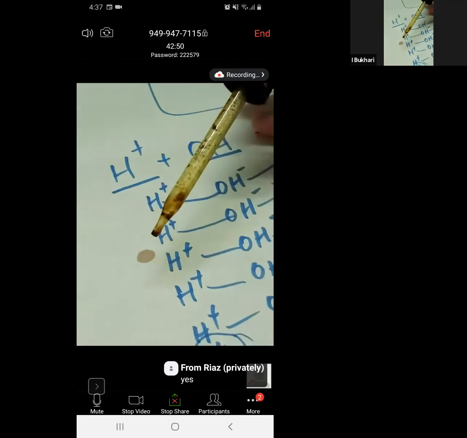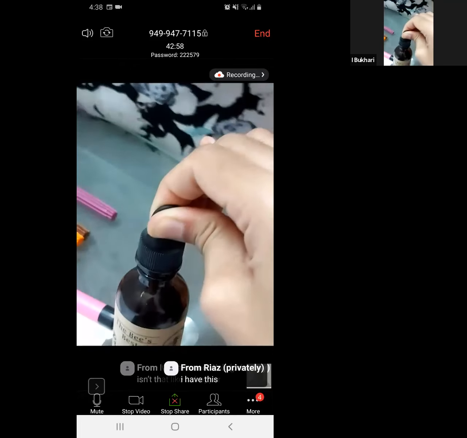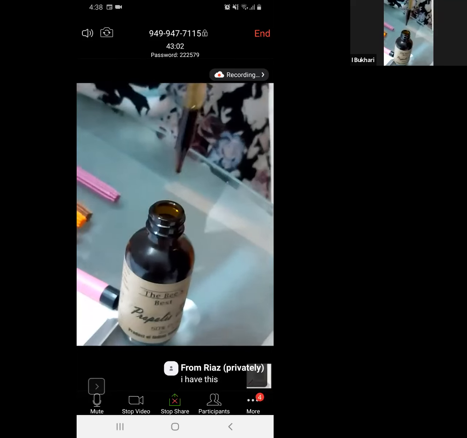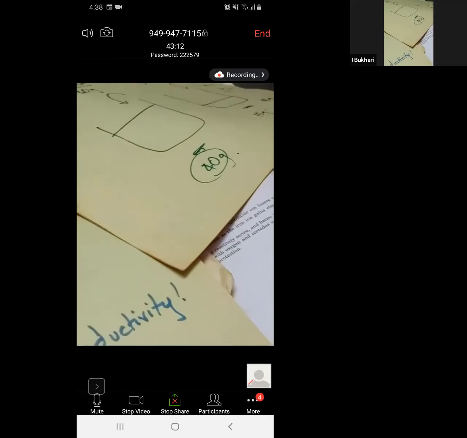If I press it, drops will come out, so I'm not pressing it. Now I am pressing it, and when I release it, the medicine will be sucked in. And so I will now press it. I'm pressing it, and so it's out. Now in labs, they have this marked. Okay, give it to me.